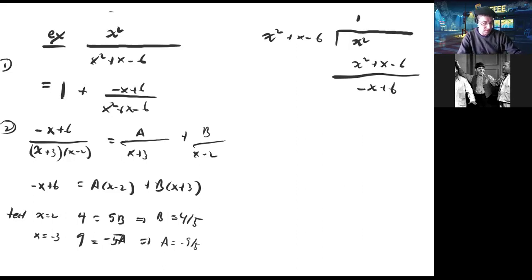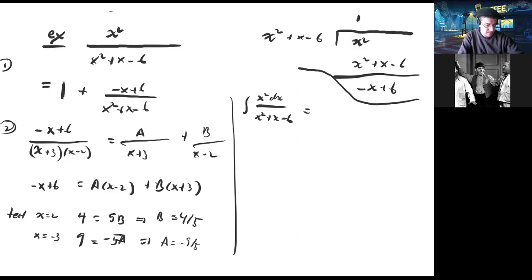so what does that tell us? That tells us if we wanted to integrate x squared dx over x squared plus x minus 6, that would be the same thing as the integral of 1 dx plus the integral of a over x plus 3, but a is negative 9/5, over x plus 3 dx.